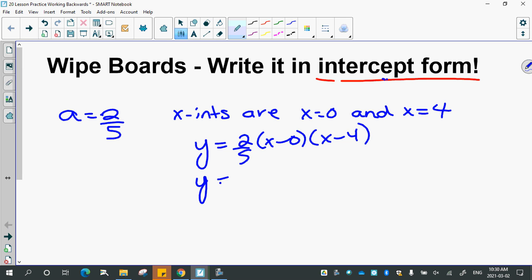And then some people with just x. Why are those the same? Why are these equivalent? x minus 0 is just x. Good. Okay. Either one's fine for intercept form.